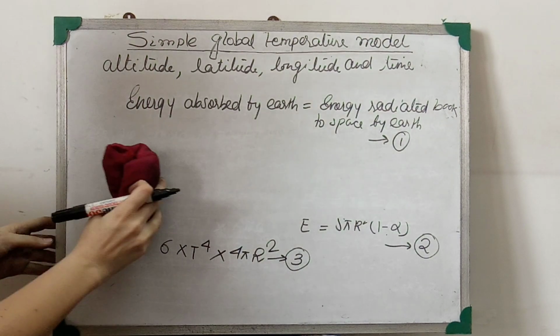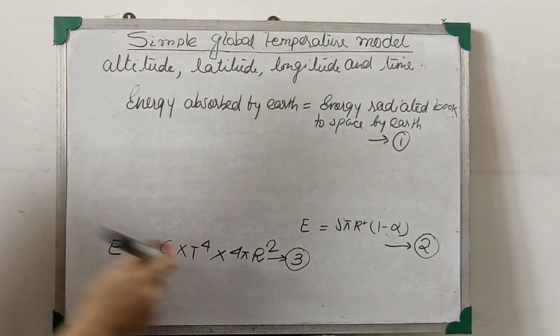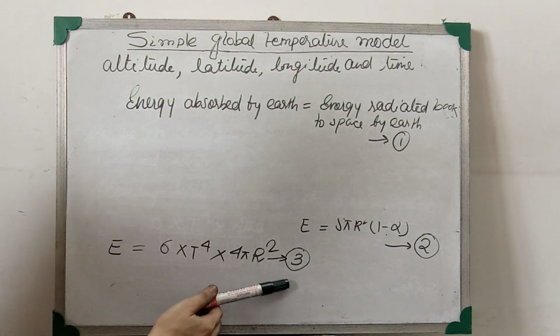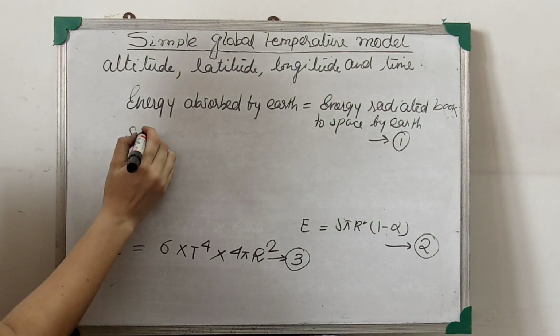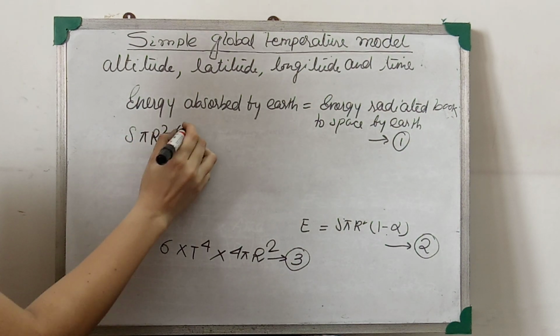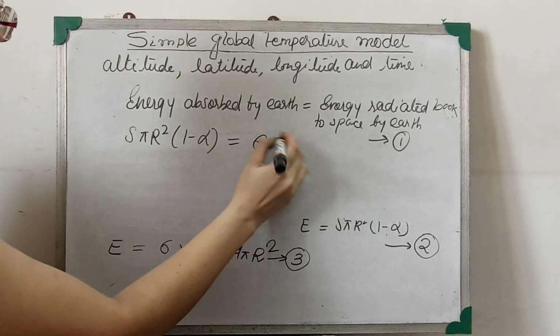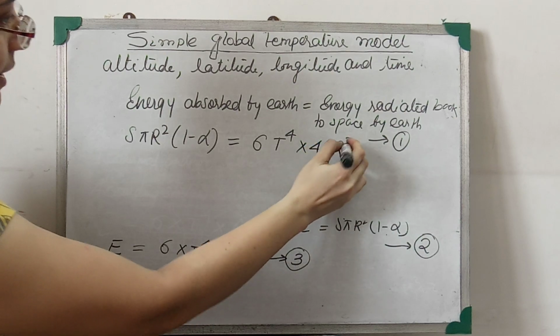In order to do so, we put the values of energy absorbed by the Earth from equation 2 and energy radiated back to space from equation 3 in equation number 1. So the energy absorbed, S pi r square into 1 minus alpha, is equal to sigma T to the power 4 into 4 pi R square.